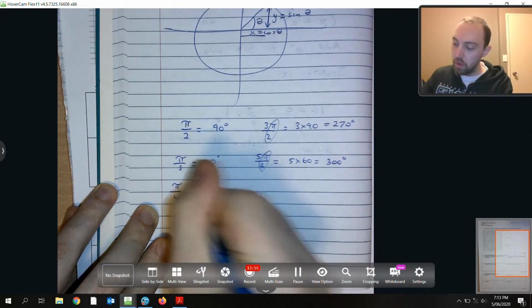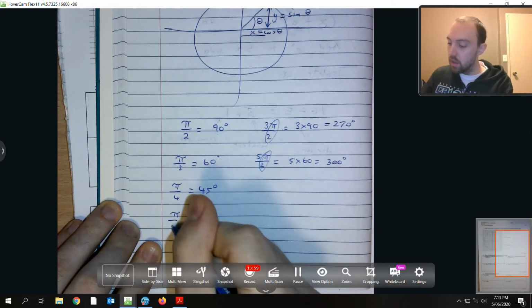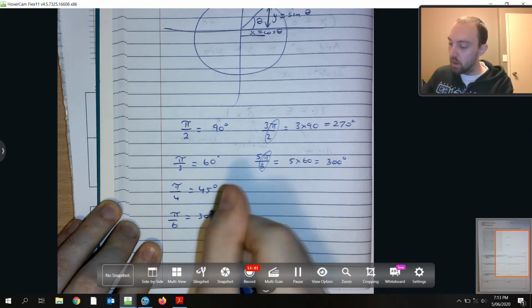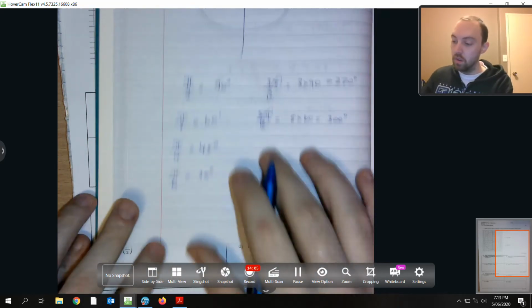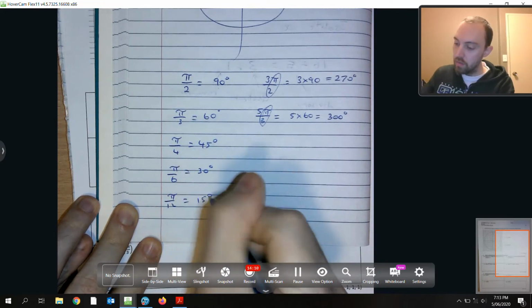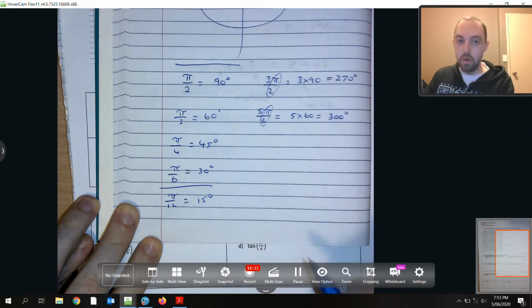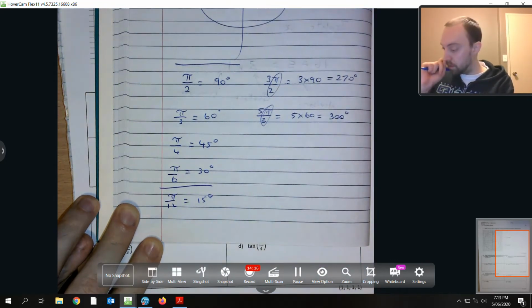Pi on 4 is 45 degrees. Pi on 6 is 30 degrees. And occasionally, even though you're unlikely to get it, pi on 12 is 15 degrees. But these are the ones that our exact values come from, the ones that we use most often.